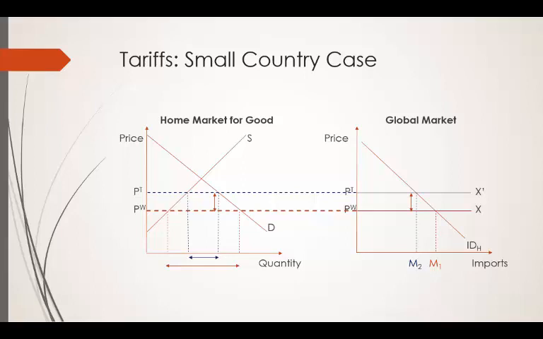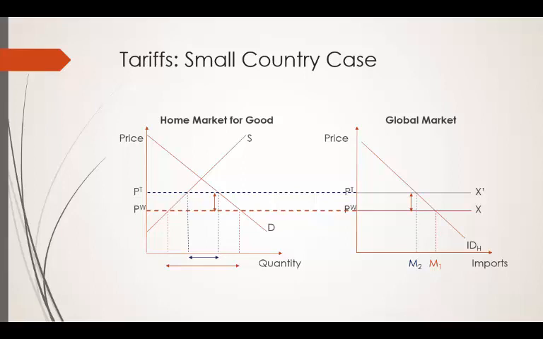If the small country's government now imposes a tariff on those imports, say a specific tariff T, this is tacked onto the world price and raises the global supply line up to X prime. As seen, the price of the good now rises to PT and the volume of imports falls from M1 to M2.